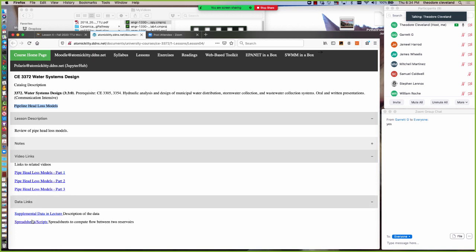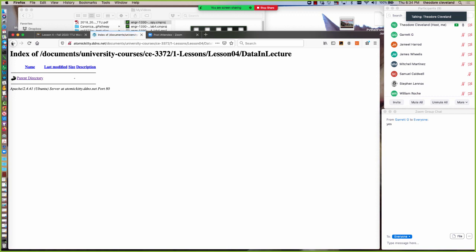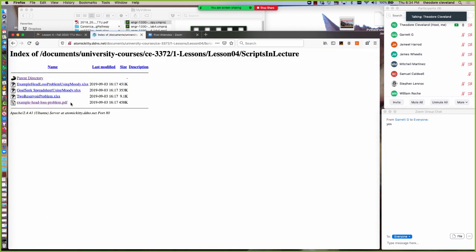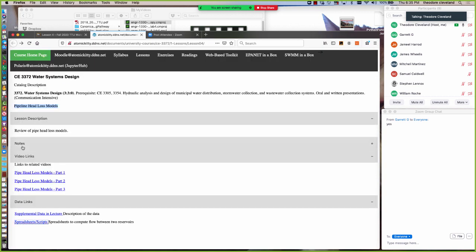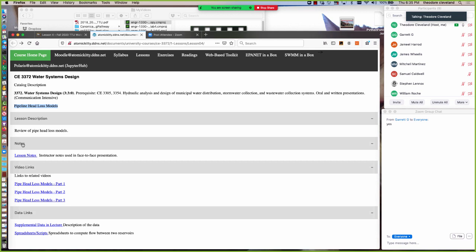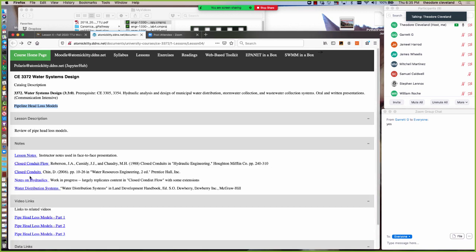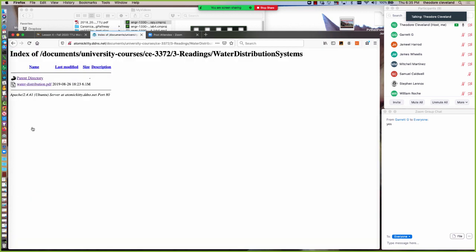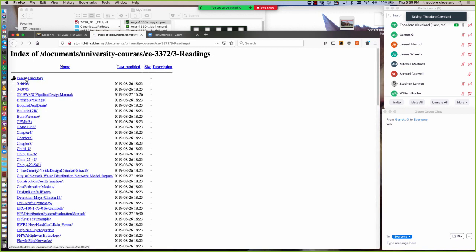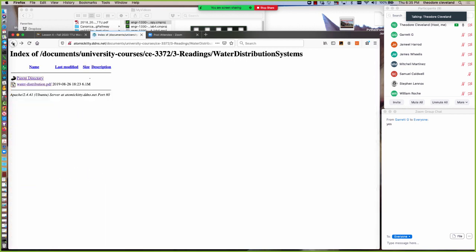And in data links, there's nothing in supplemental data, but Spreadsheets has some examples of what I'll talk about today, although I won't necessarily go through the spreadsheets, but they're there if you want to explore them after reading today's materials. There's also links to reading materials: the water distribution system, which we visited last time, and notes on hydraulics.